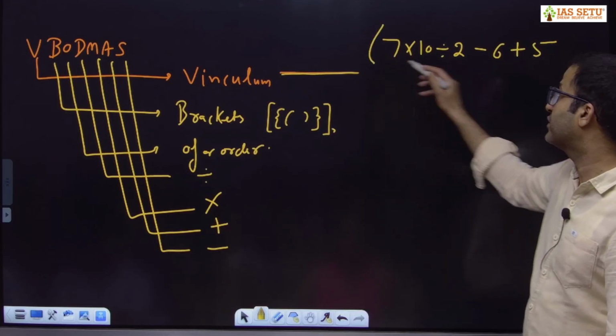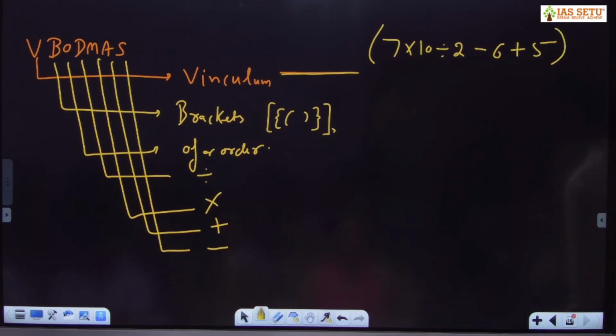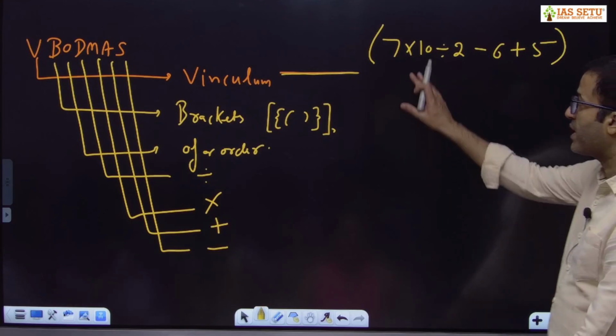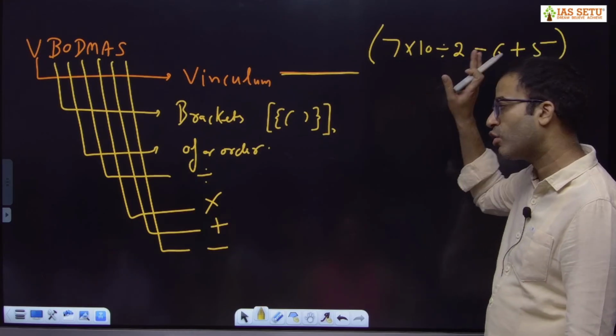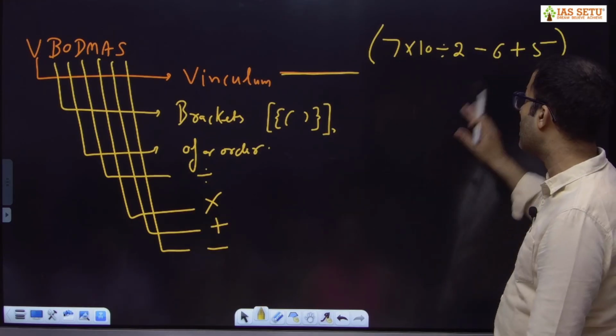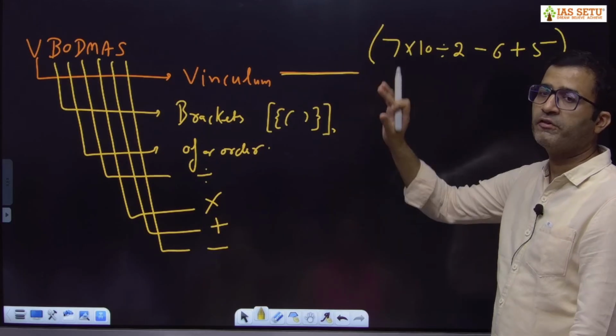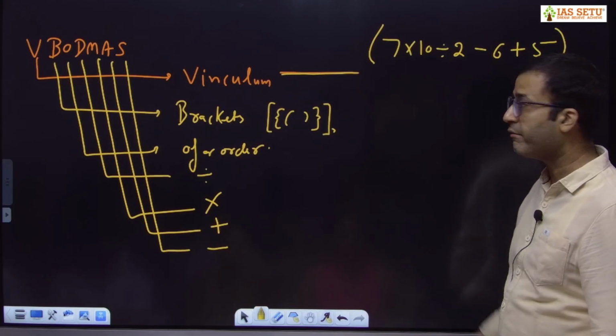If I have this calculation inside a small bracket, as per rule I have to remove this small bracket. Here also I have to follow the same order: first division, then multiplication, then addition, then subtraction.